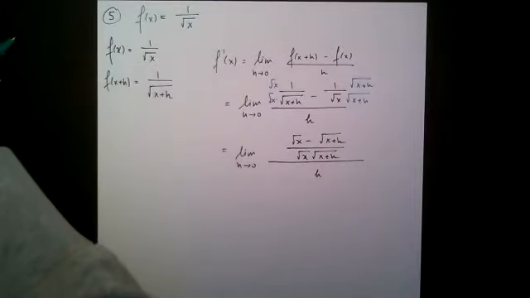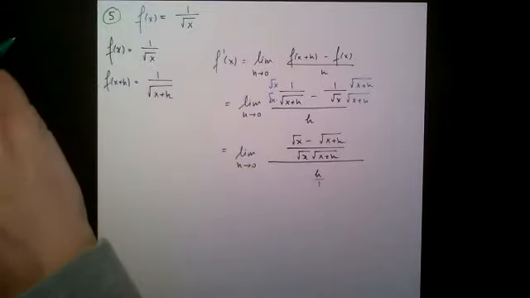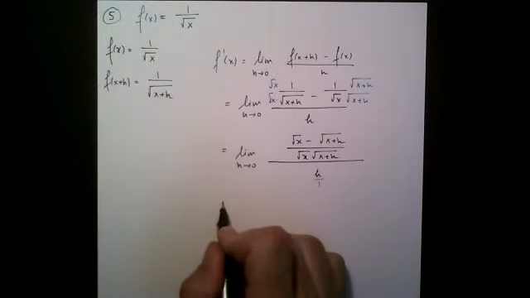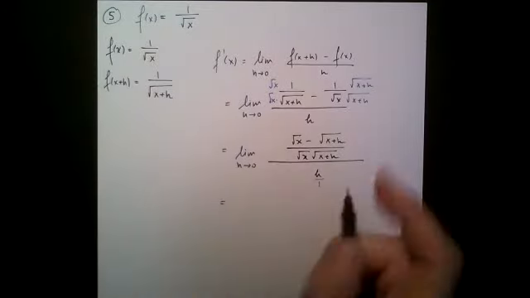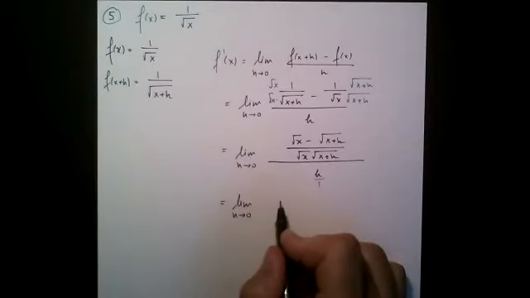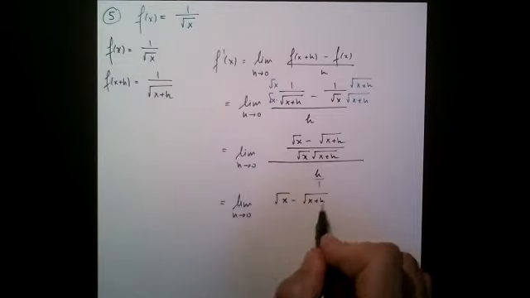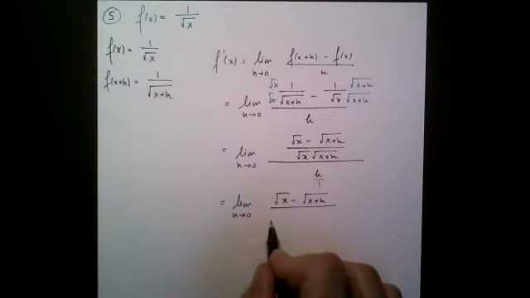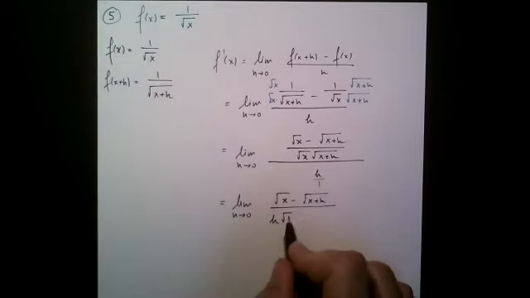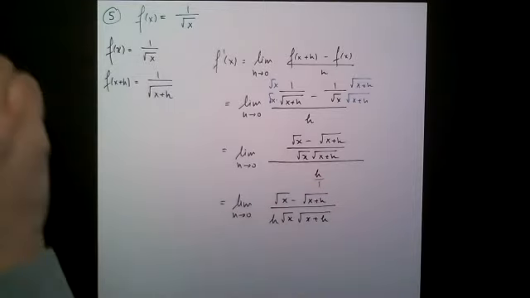Okay, so just like in the last example, we have a fraction over a fraction, and so I will multiply by the reciprocal. So it's limit h approaches 0. On top I have root x minus root x plus h, and on the bottom I have h times root x times root x plus h. That's what I have.